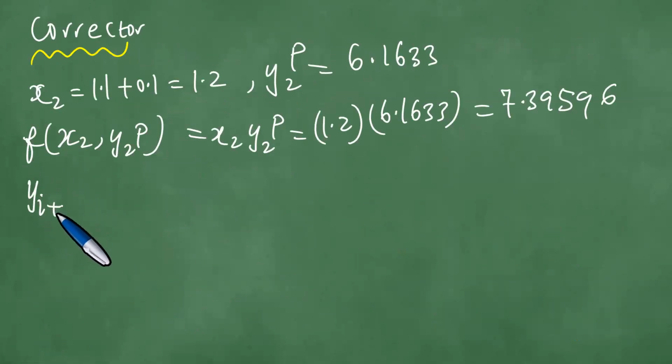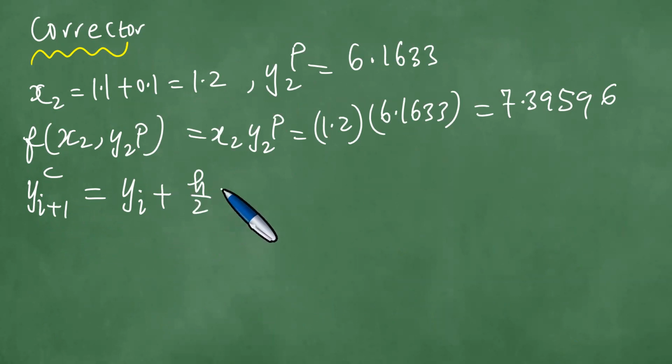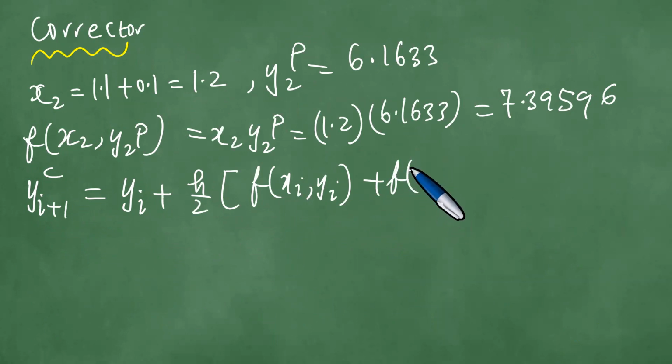It is y i plus 1 p equals y i plus h over 2 times f of x i, y i plus f of x i plus 1, y i plus 1 p, like this. All right, so you have this.